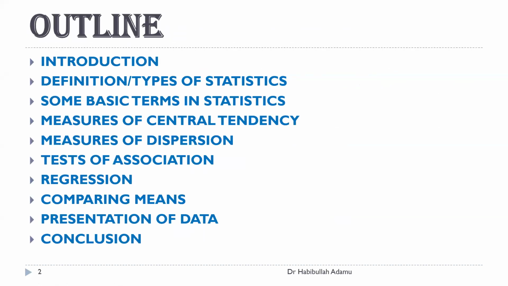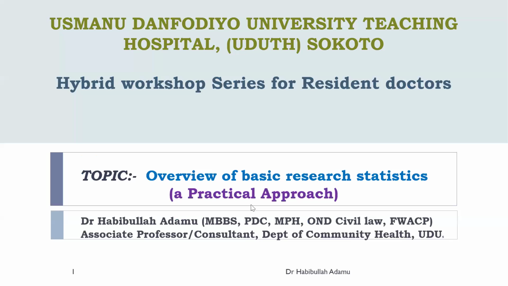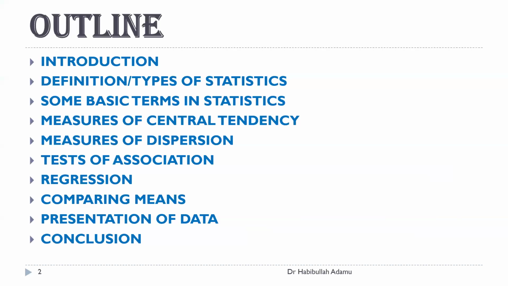Sorry, we are starting a bit behind schedule. We want to discuss an overview of basic research statistics today. All of us here are biomedical researchers, so there is no way we will not have one thing or two to do with research. So this is the outline of what we are going to discuss today by God's grace.